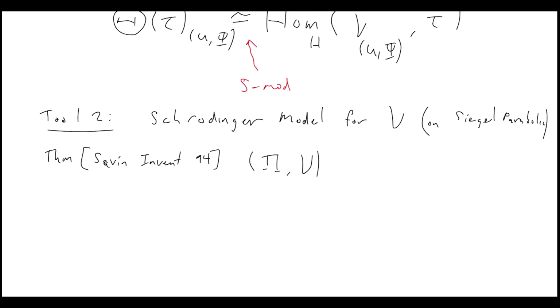So the minimal representation has a P opposite filtration. I'll define that in a second. This is going to be the E6 parabolic, say with Levi factorization M times N. So we're going to give a P bar filtration.